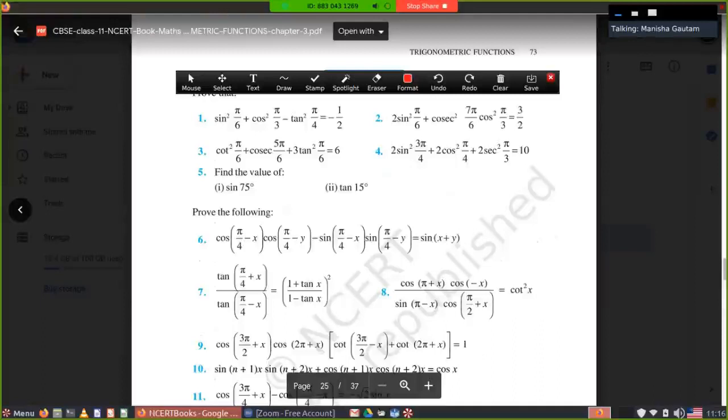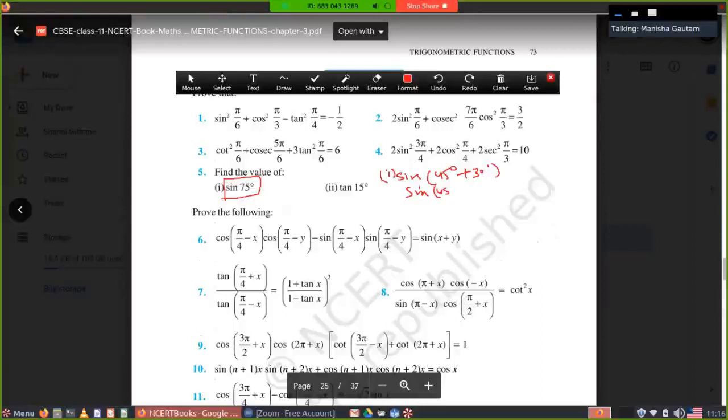Here in question number 15, how can you write this sin 75 so you can get the value of sin 75? 75 means what? Sin of 45 degree plus 30 degree. You can write sin 75 like this. So here you have to apply the formula sin (x plus y).